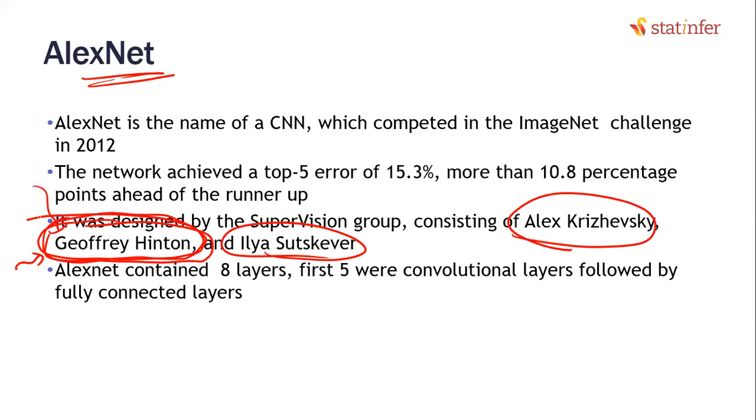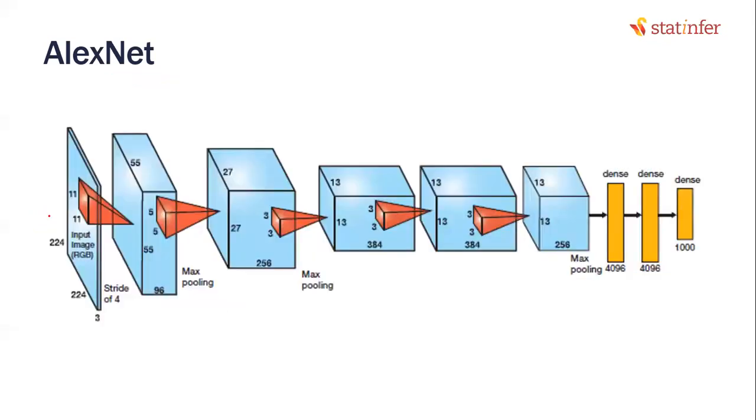So these guys created one model. If you look at the architecture of that model, the input data is 224 by 224 by 3. The 3 means color images. They applied 96 filters in Conv1, then 256 filters. Do you remember what we said?